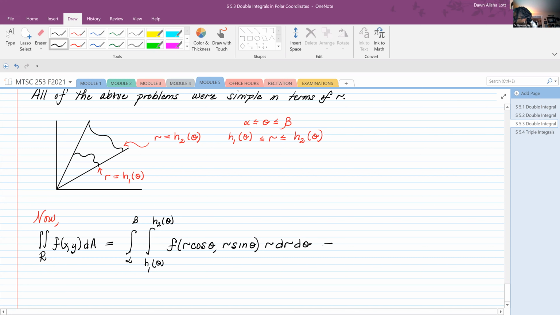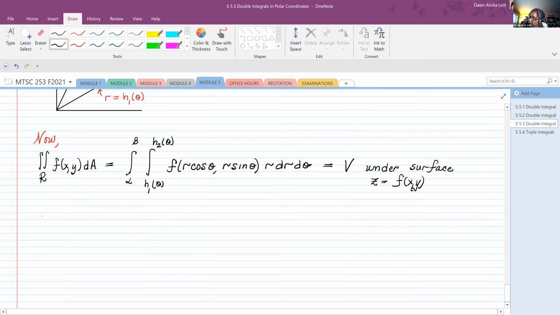So this is our volume under the surface z equals f of xy. And if I just want to compute the area, it will be the integral from alpha to beta, the integral from H1 of theta to H2 of theta, R dr d theta.